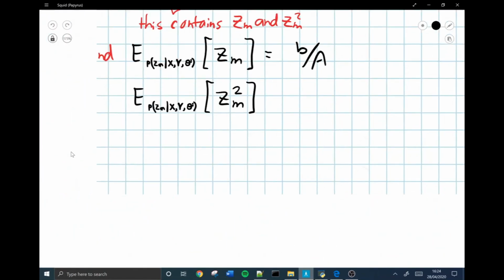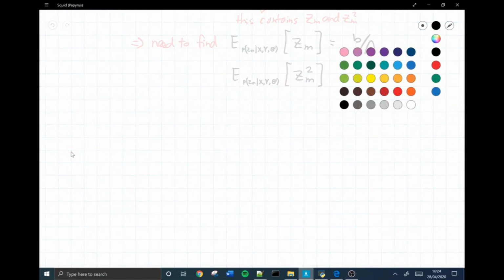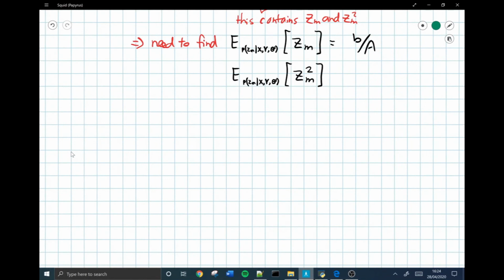And to find the expected Zm squared, all we need is the very well-known expression that the variance of Zm is equal to the expected value of Zm squared minus the expected value of Zm, squared.